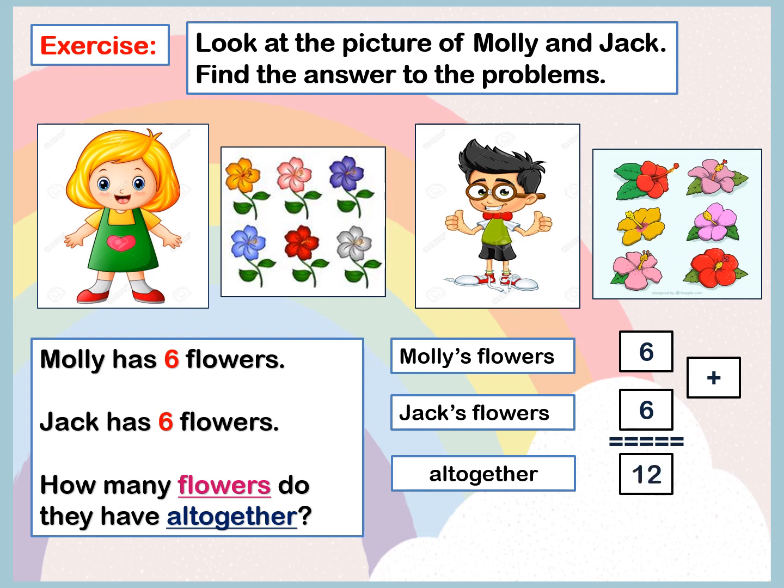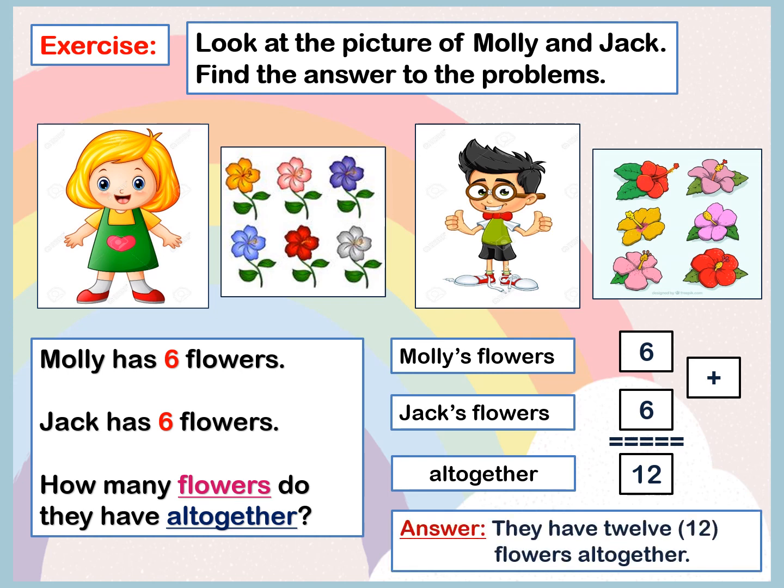They have 12. Right, great job. So the answer is Molly and Jack. We are going to replace it with they. They have 12 flowers altogether. All right? Did you understand, kids?